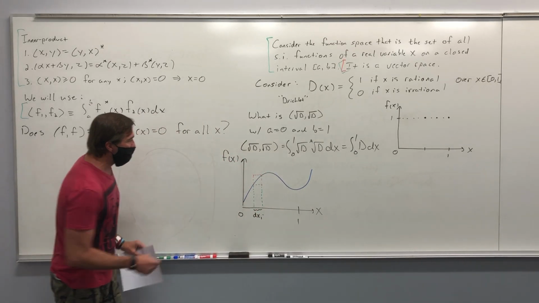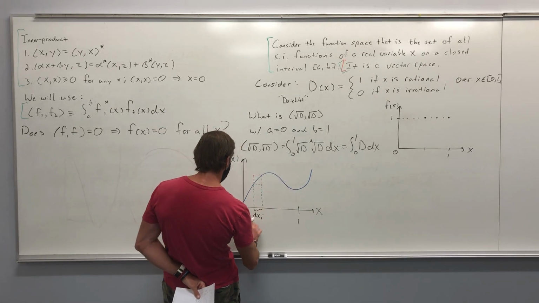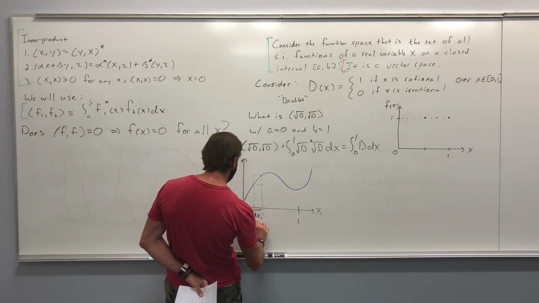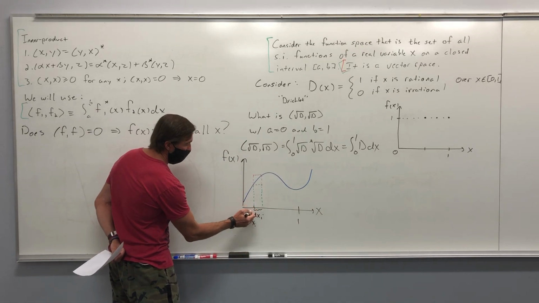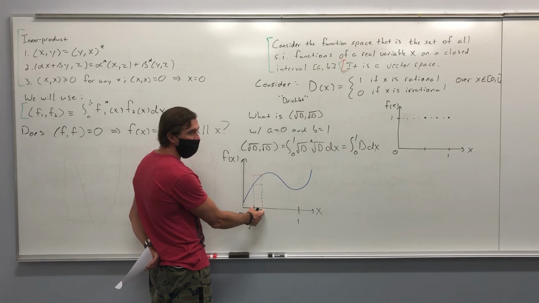This is the value xi, and then this is dxi. So the value here is just xi plus dxi.